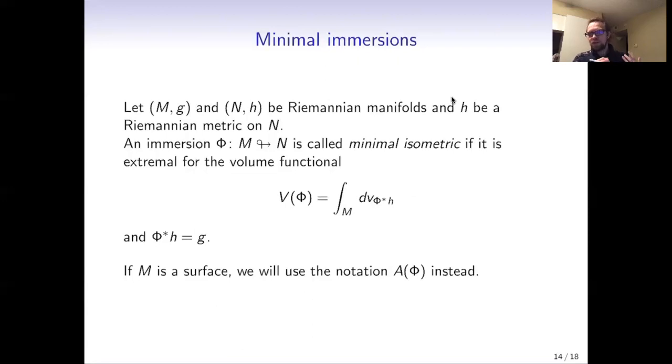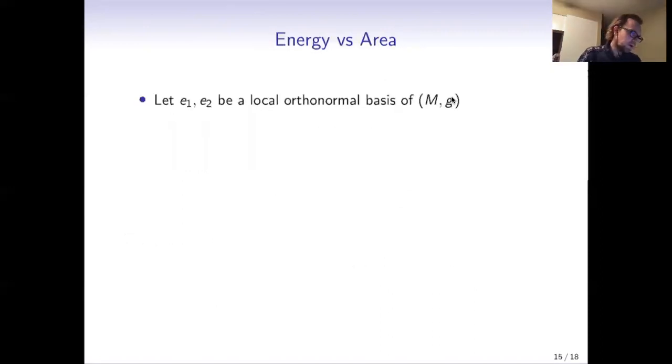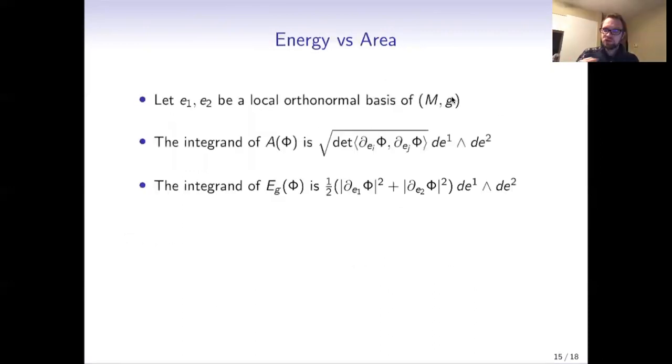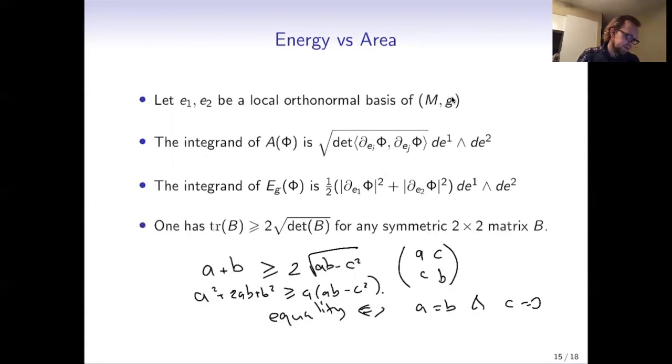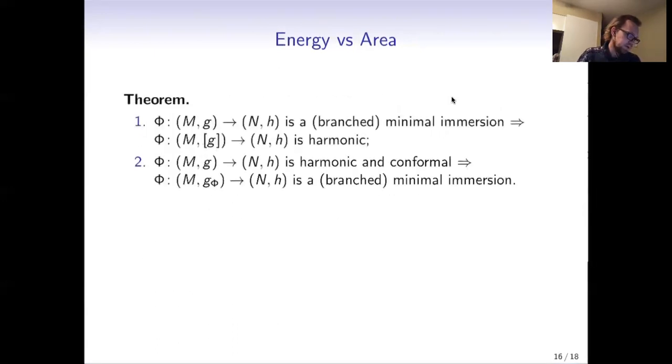When I pull back the metric, I don't quite get an honest metric. I might get a metric with conical singularities, and in this case people add the word branched in quotations. They also oftentimes call such maps not conformal, but weakly conformal, to emphasize that there could be zeros of the conformal factor. But those are technicalities. I don't want to go into it too much.